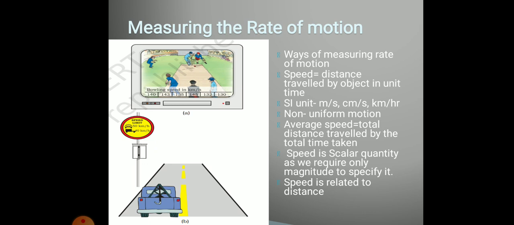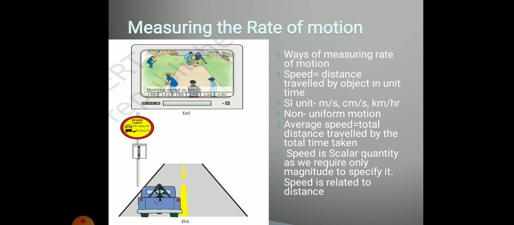Speed is the distance traveled by an object in unit time. Its SI unit is meter per second. Its CGS unit is centimeter per second. As well as, we can measure the speed in kilometer per hour.